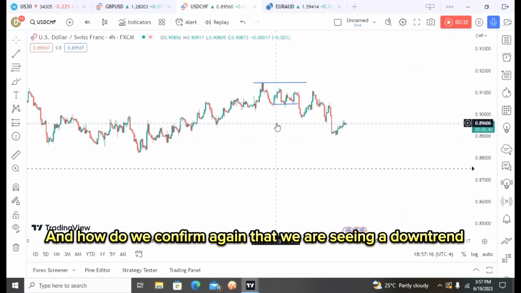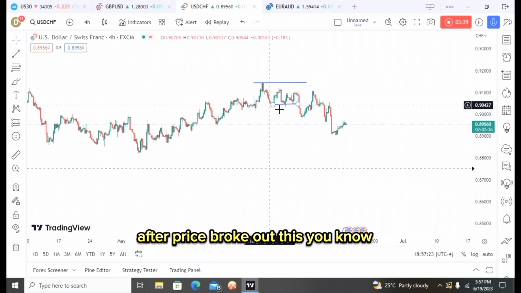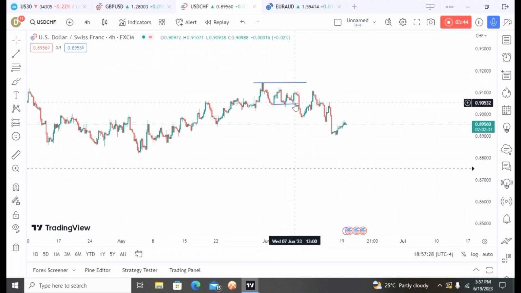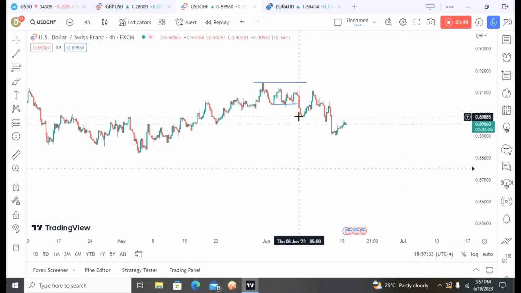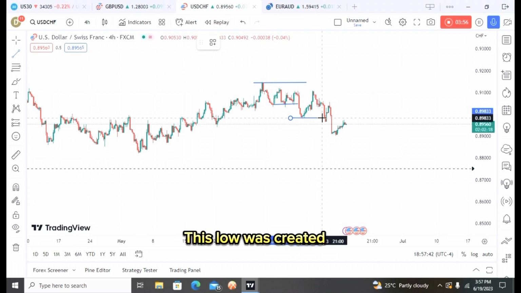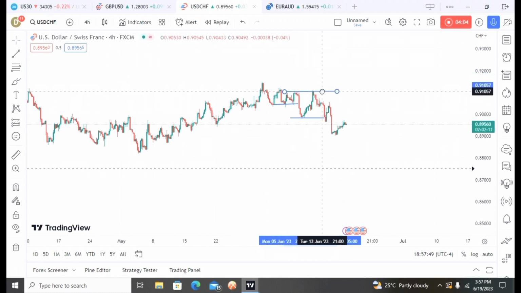And how do we confirm again that we are still in a downtrend? After price broke out this structure here, causing a change of direction to the downside, this low was created, and this high was created.